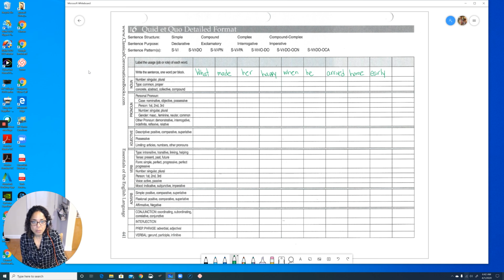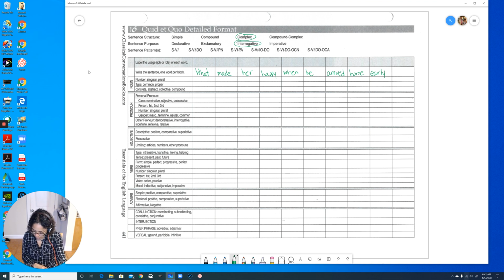Now, this is a complex structure. I'm going to go ahead and circle that because there is an independent and a dependent clause here. There is a question mark at the end of the sentence. I'm not writing the original because I'm doing the Quid and Quo sheet right now. So it is an interrogative sentence purpose.